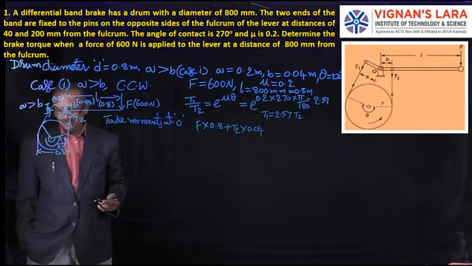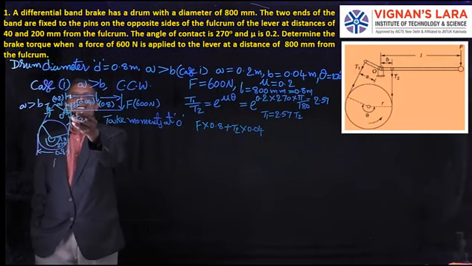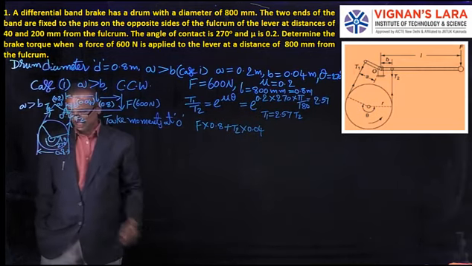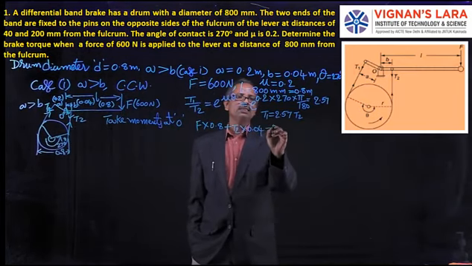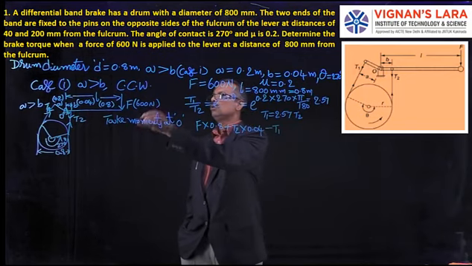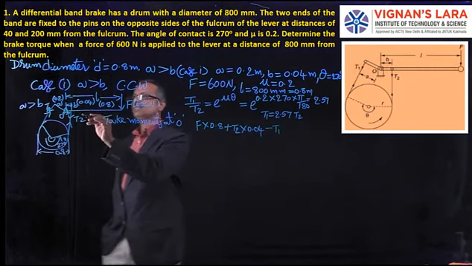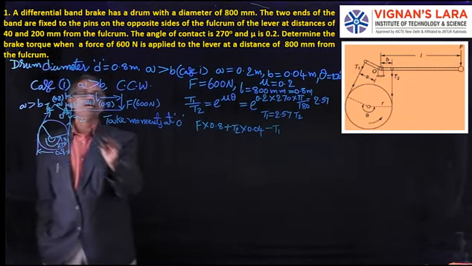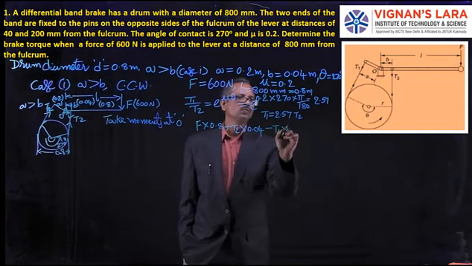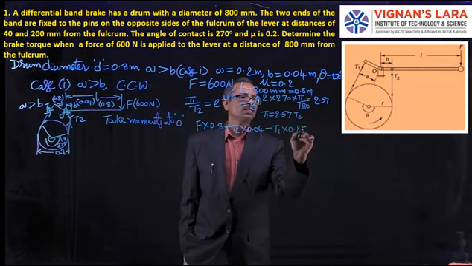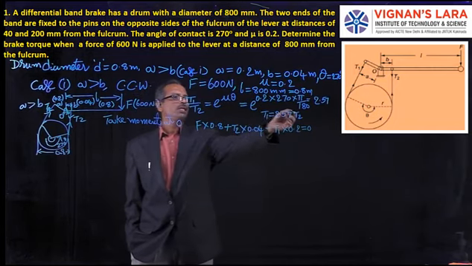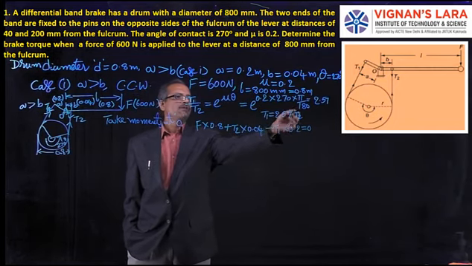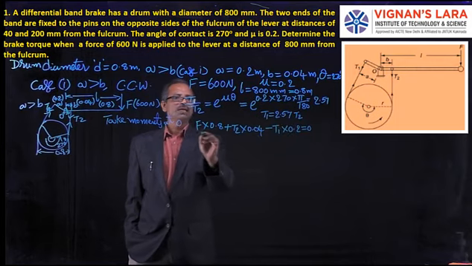So these two are providing the moment in the same sense, and T1 is providing moment in the opposite sense. If I take this as positive, this is negative, then I can write minus T1 into, what is this distance? This distance is A, 0.2, equals 0. Now I have a relation between T1 and T2. So I will replace T1.